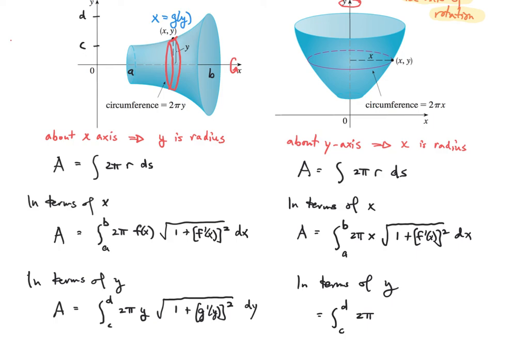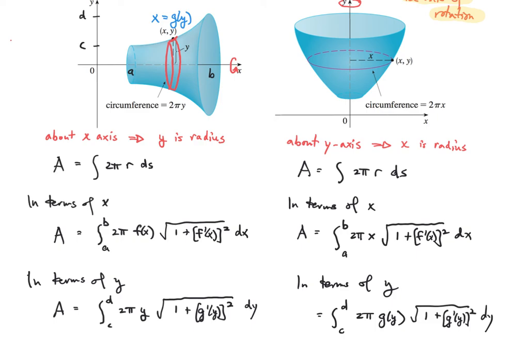This time I want to write in an x thing, but remember, x is our dependent variable right now. So how do we get x? X is given by g of y. So I'm going to write my g of y here like this. And I'm going to put the square root of 1 plus g prime of y quantity squared dy.